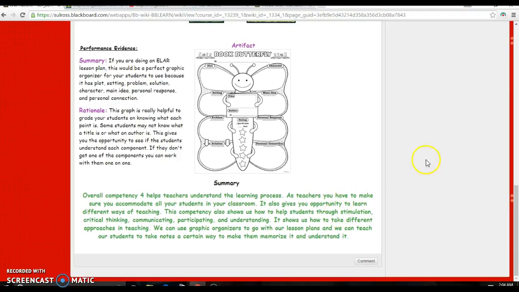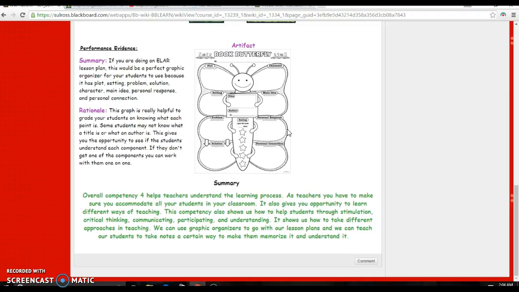For my overall summary, Competency 4 helps teachers understand the learning process. As teachers, you have to make sure you accommodate all your students in your classroom. It also gives you the opportunity to learn different ways of teaching. This competency also shows us how to help the students through stimulation, critical thinking, communicating, participating, and understanding.